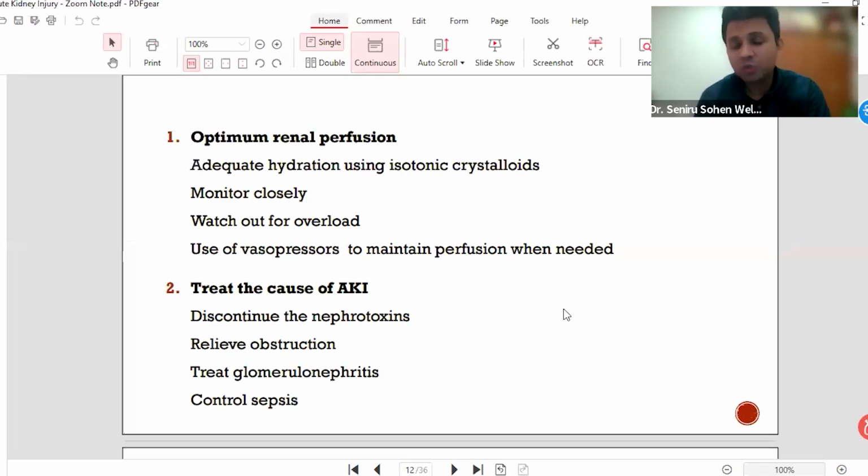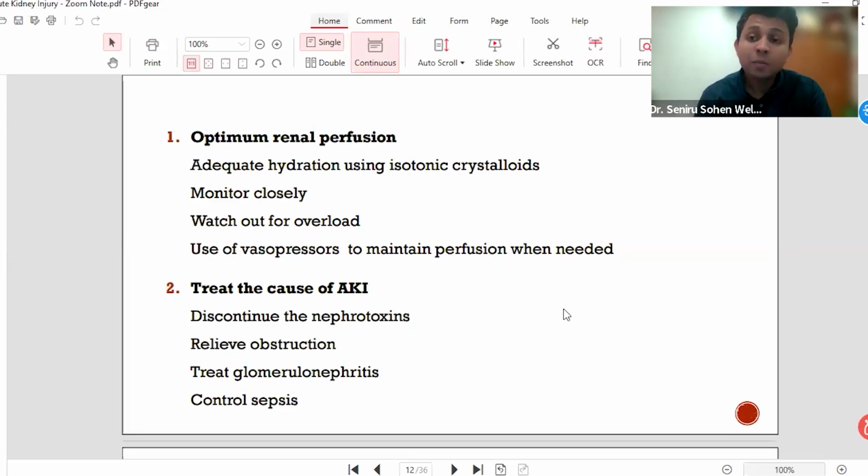So what fluids to give in AKI? Giving fluids in AKI is a challenge because the kidney is not working properly. Too little fluid can worsen the AKI, as well as too much fluid can cause other problems. So you have to balance out the fluids when you are dealing with patients with AKI.